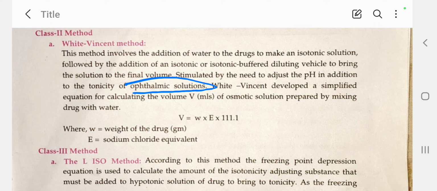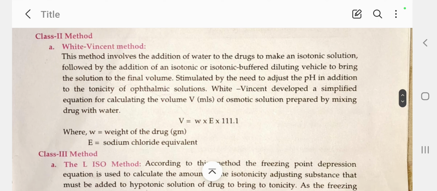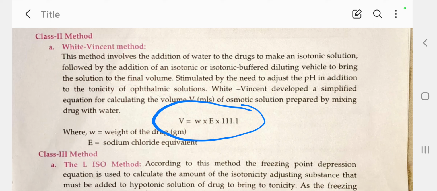So V, the volume, is equal to W, the weight of the drug, multiplied by E, the sodium chloride equivalent, multiplied by the constant value 111.1. By using this method we can find the amount needed to make the solution isotonic.